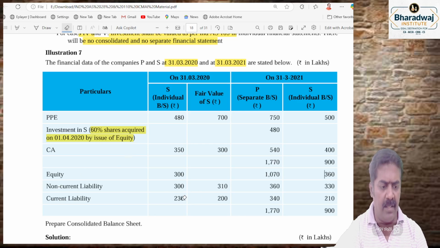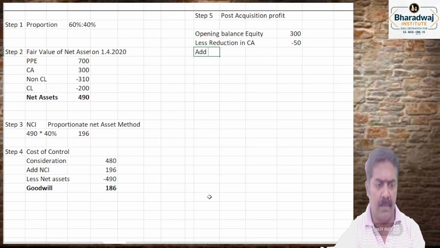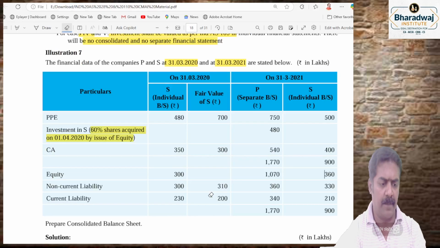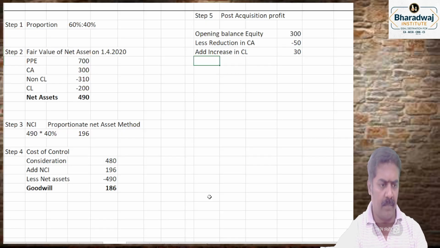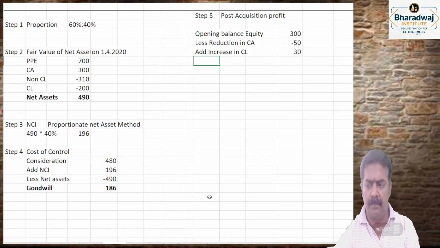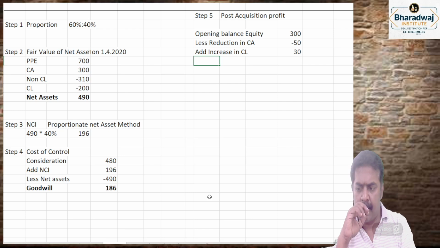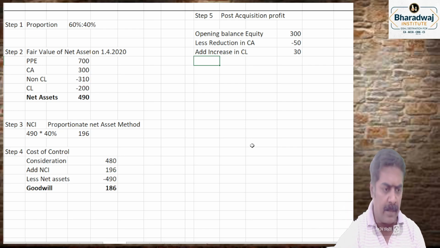Then current liability reduced. How much? 30. This is net opening balance.